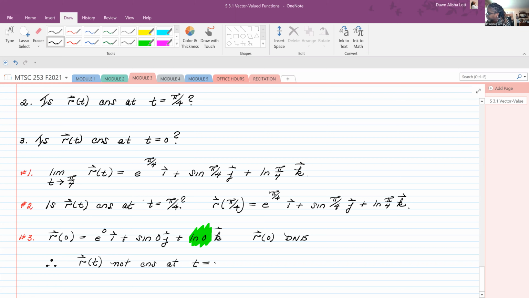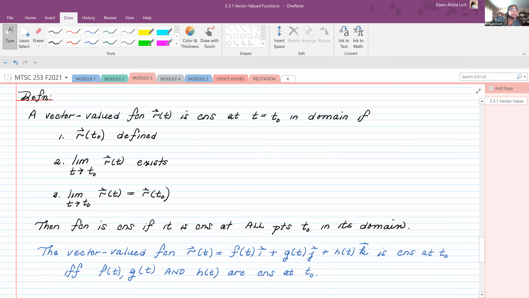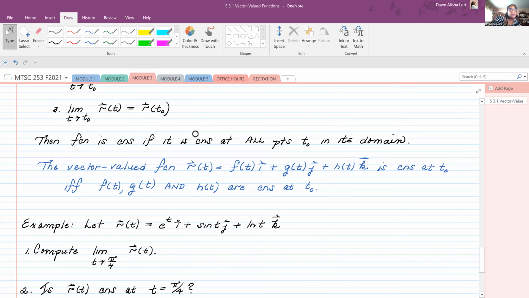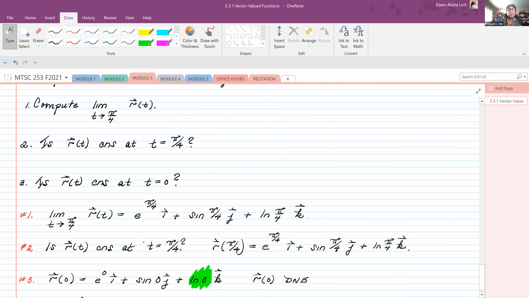Remember, three things have to happen. The function has to exist. The limit has to exist, and they have to be equal. So in this problem, when I take the limit, I do direct substitution. That's the same as just evaluating the function.